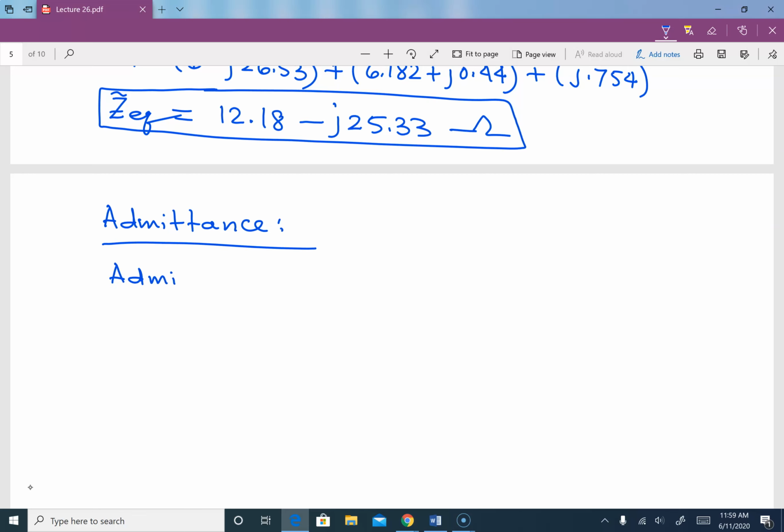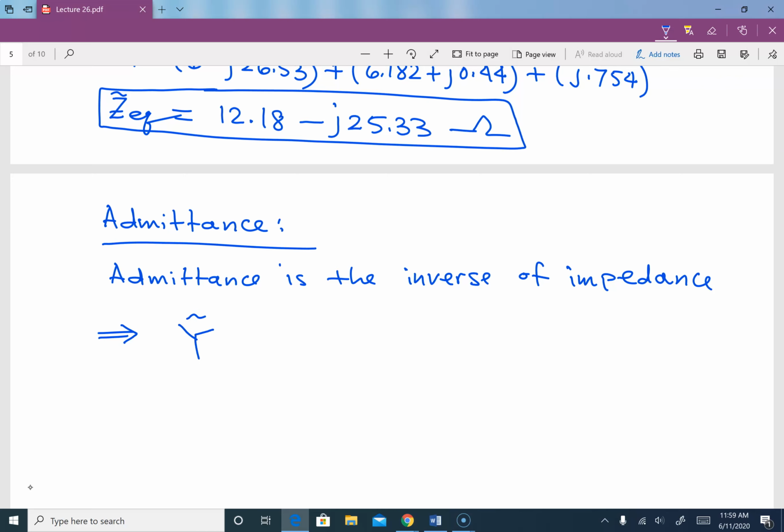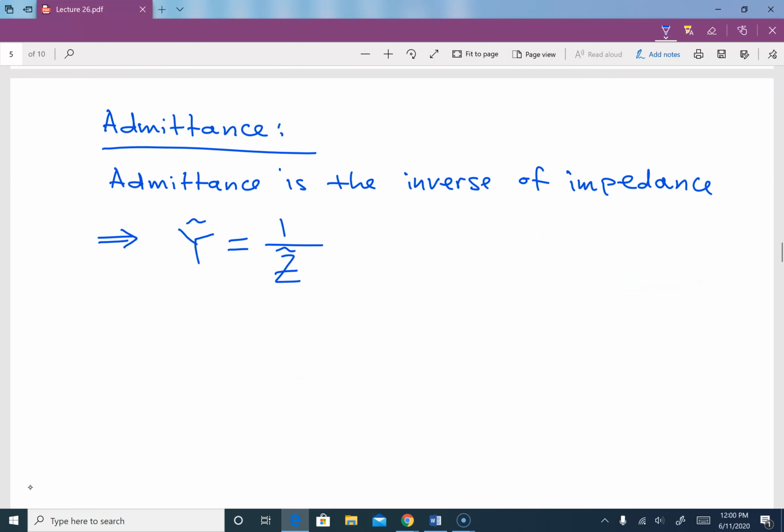So we can say that admittance is the inverse of impedance. That means Y is equal to 1 over Z, and this is equal to G plus jB.